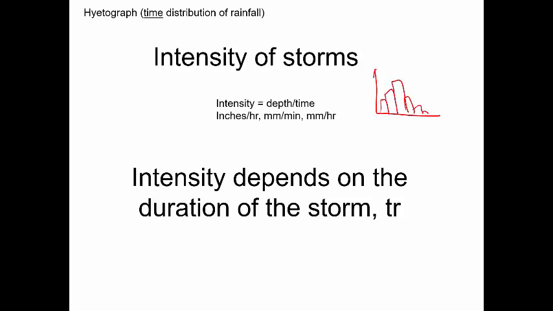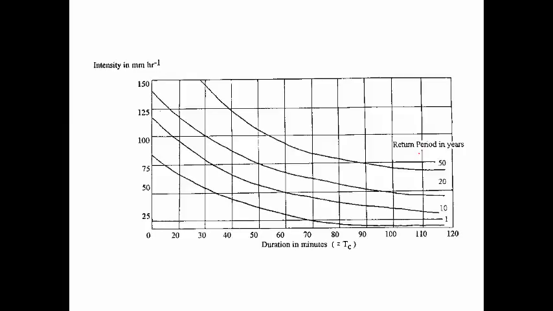Whenever you look at the intensity and the time, depending on what time you are measuring the intensity, the depth is the intensity, right? So you have the highest intensity sort of like in the middle of the storm. And this is for a storm that has a specific duration. But then that intensity also depends on the duration of the storm.